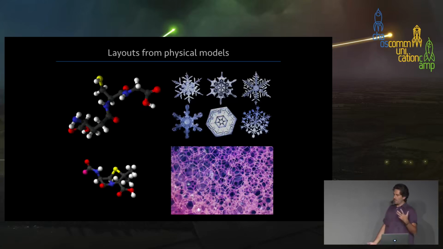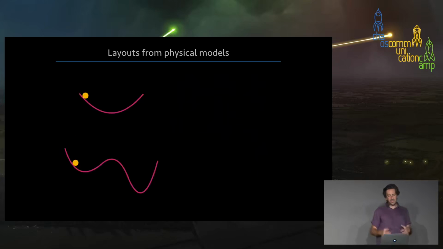So these patterns appear in many cases, as I said, and in many scales as well, like the molecules and the snowflakes and the bottle of beer have very different scales. And the reason is that there is a common underlying principle governing this behavior, which is generally that any physical system tends to find a point of minimum potential energy.